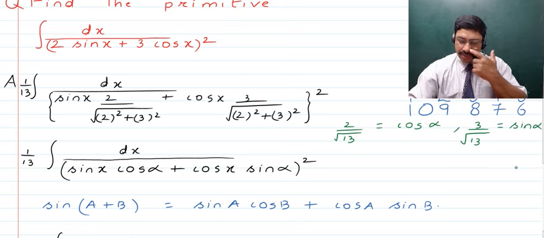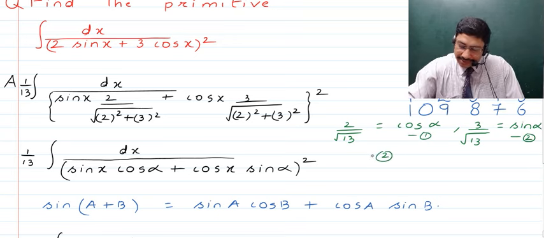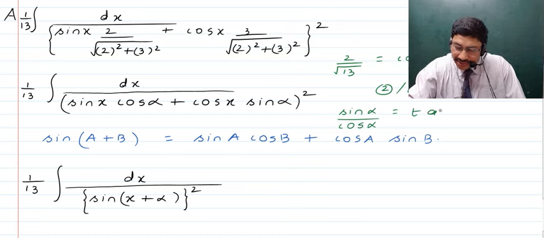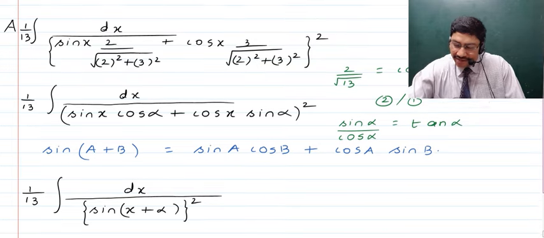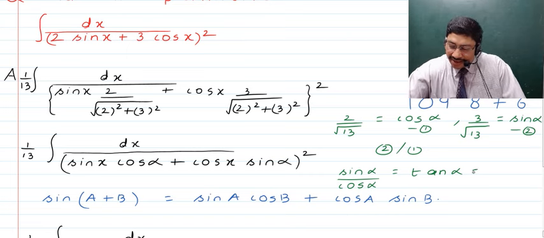So if we now divide the second equation by the first equation, then what will we get? We will get sin alpha divided by cos alpha, which obviously is going to become equal to tan alpha, and on dividing, root 13 will get cancelled from the numerator and the denominator, and then the value of this is going to come to be 3 upon 2.